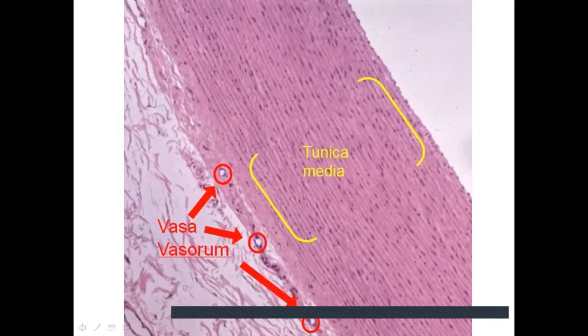This looks like a combination of some elastic and some muscle fibers, beautifully arranged elastic fibers in parallel, and then these dark blue areas, these are nuclei of smooth muscle cells. Here are the vasa vasorum, and here's the adventitia on the outside, and these are small little blood vessels which are supplying oxygen to this large artery.